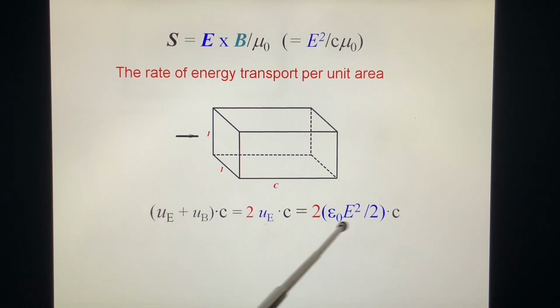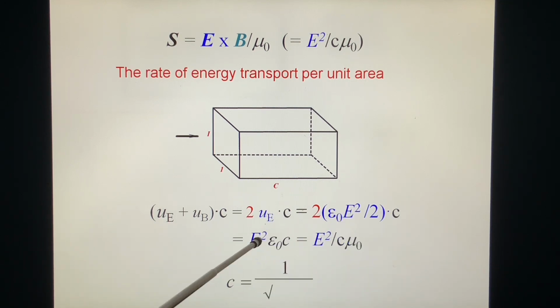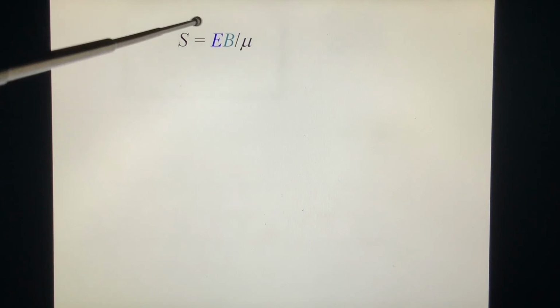UE is half epsilon E squared. That's equal to E squared epsilon 0 c. You know that epsilon 0 c equals 1 over c mu 0, because c equals 1 over the square root of mu 0 epsilon 0. So we put this one here. And then we find E equals EB over mu 0.